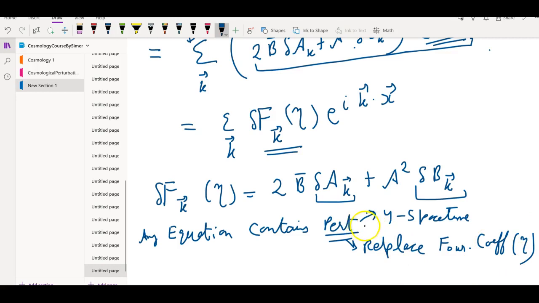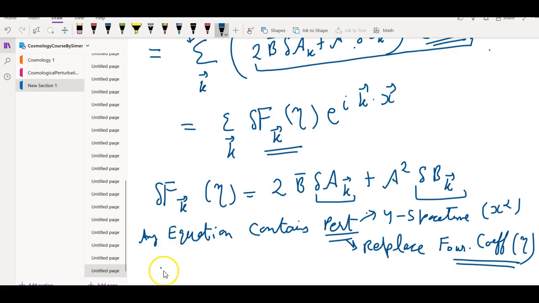The perturbation is a function of x alpha, and you replace it with its Fourier coefficient, which is a function of eta, and then just keep the whole equation as it is, and just replace the terms with the Fourier coefficient.